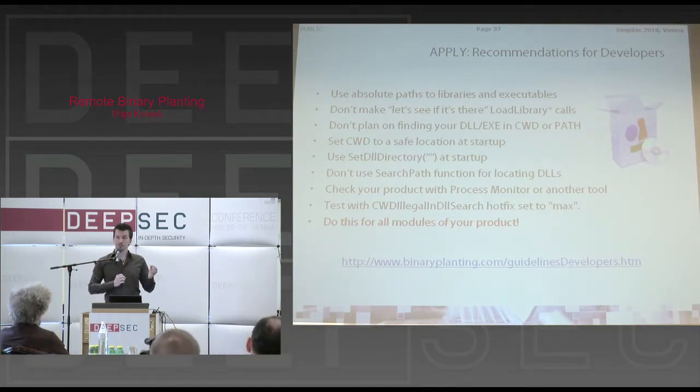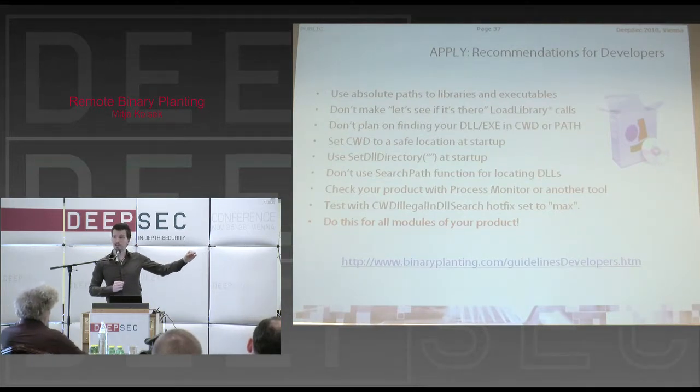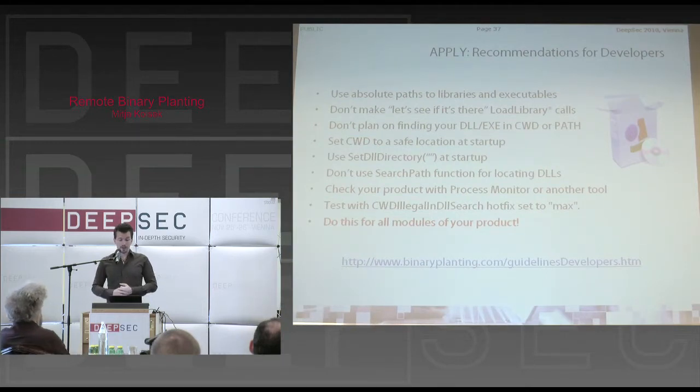So what some of them do is add the location of those DLLs to the process path, but it ends up in the path. The path is number 6. Current working directory is number 5. You are vulnerable, so don't do that. Don't try to load anything from the path, actually.